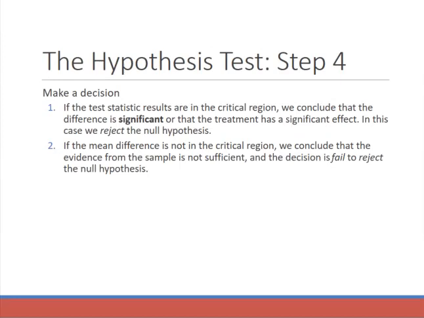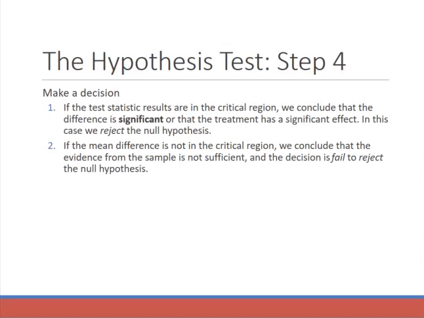And in this case, we reject the null hypothesis that there is no effect. Essentially, what this means is that we conclude that the treatment had an effect and accept the alternate hypothesis. All right, so if our test statistic falls in the critical region, we reject the null hypothesis.